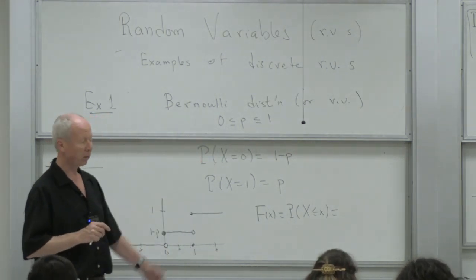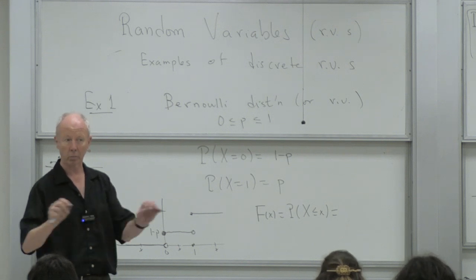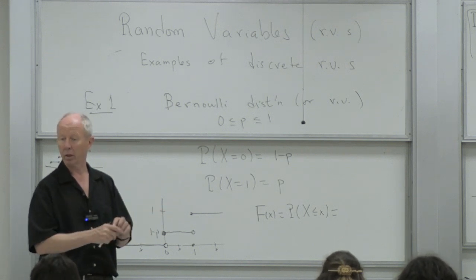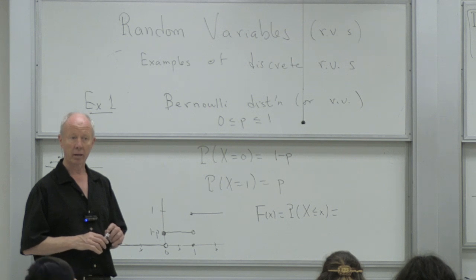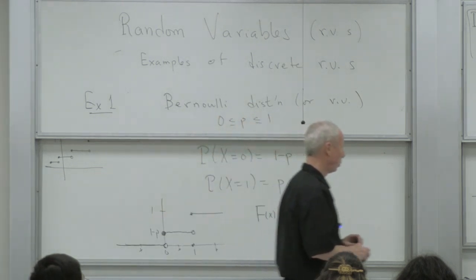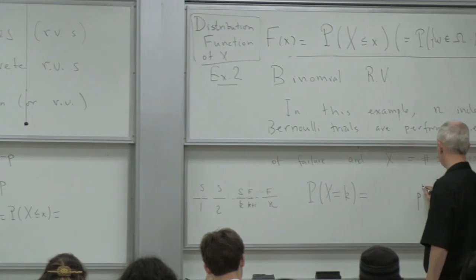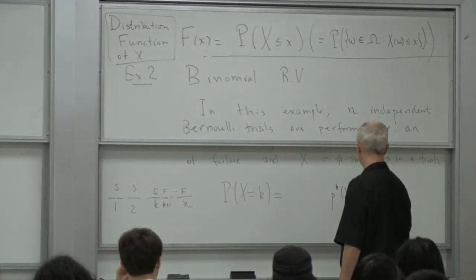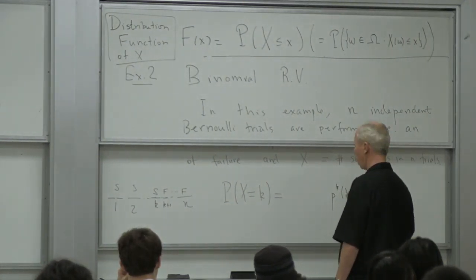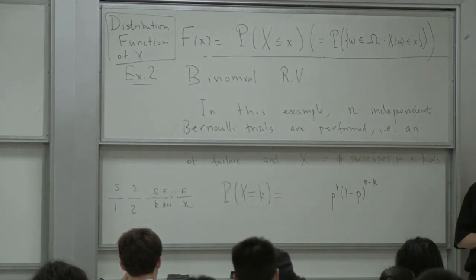So the probability of that event, X equal k, would just be that probability of one particular sequence times the number of sequences of length n that have k S's and n minus k F's.